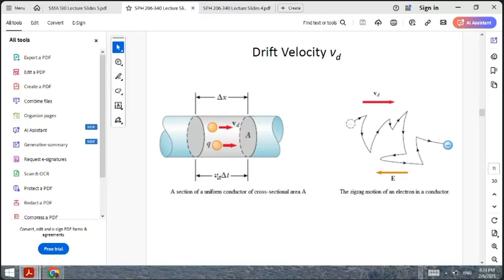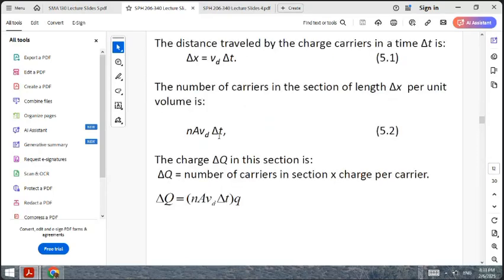So this is the height, and A the cross-section area. Therefore, the volume will be v delta t A. And if we ask ourselves how many carriers are in that small volume, we will multiply the concentration of carriers with the volume. And that is exactly what we have in equation 5.2.